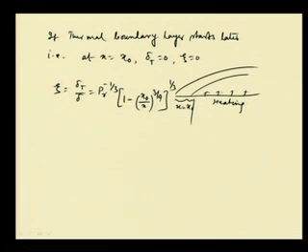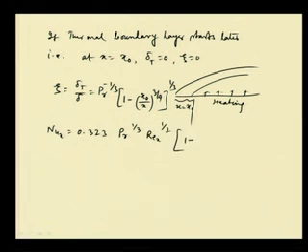And then Nusselt x will be equal to 0.323 Prandtl to the power 1/3 and Reynolds x to the power half, and then (1 minus (x naught by x) to the power 3 by 4) whole to the power minus 1 by 3.